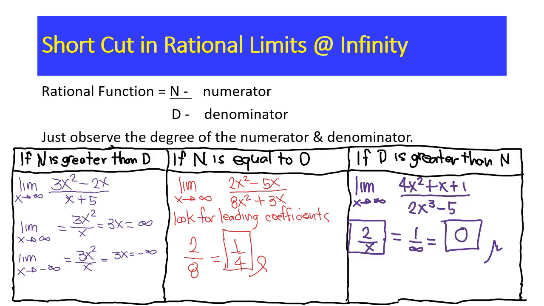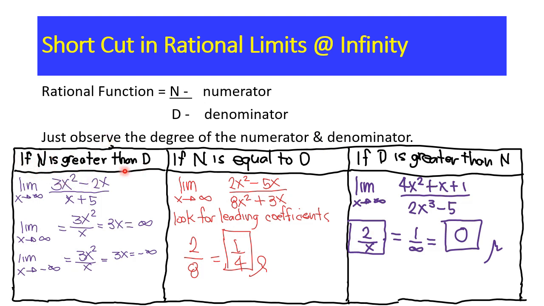We have some shortcuts in rational limits at infinity. If we have a rational function that is equal to n over d, wherein n is the numerator and d is the denominator, all we have to do is just observe the degree of the numerator and the denominator. Ito raw po yung key.